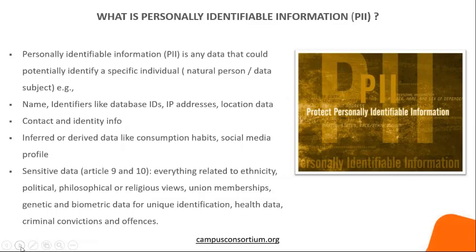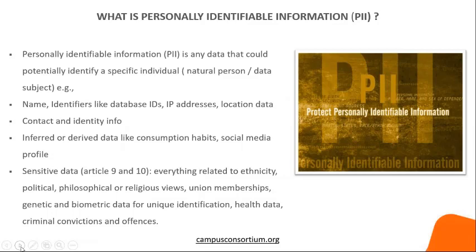For example, if I say Saby, there could be n number of Sabys, but if my email address or my postal address or my mobile number is associated with my name, then I'm identifiable. So that is why it is called personally identifiable information. Whatever information identifies a person is called personally identifiable information.